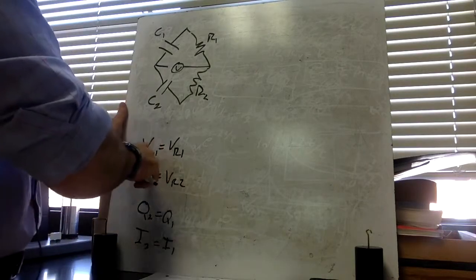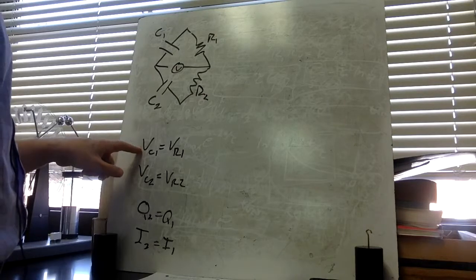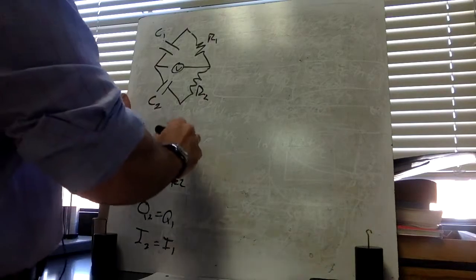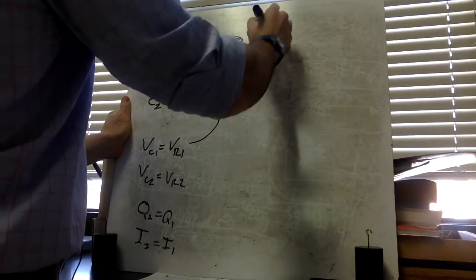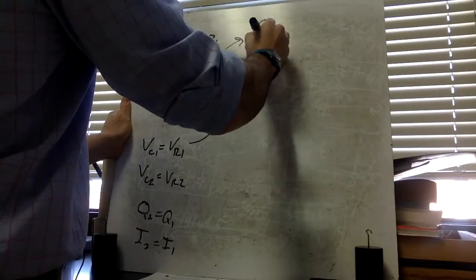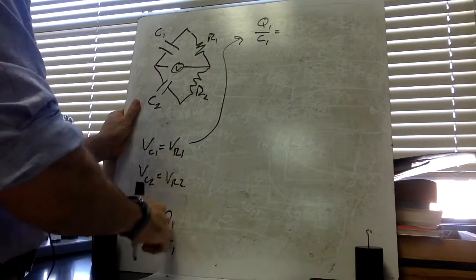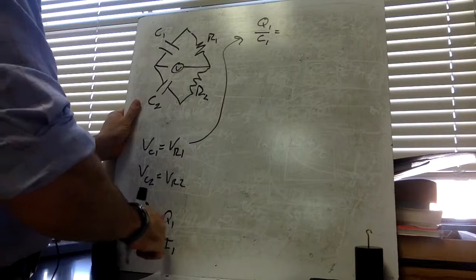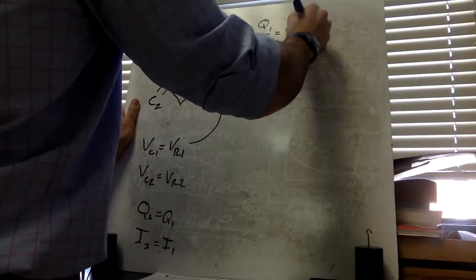Now, V is given by, for capacitors, Q over C. So Q1 over C1 is equal to, now V is given by IR, so this is going to be I times R1.